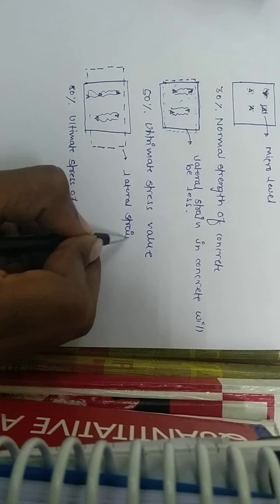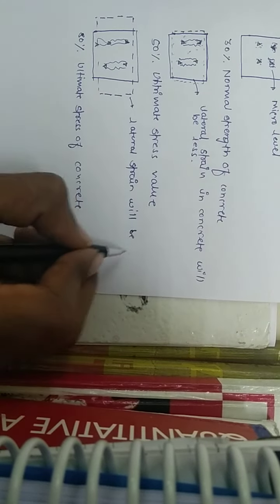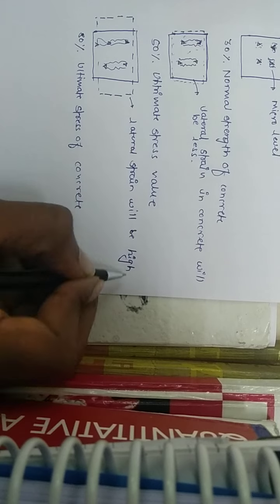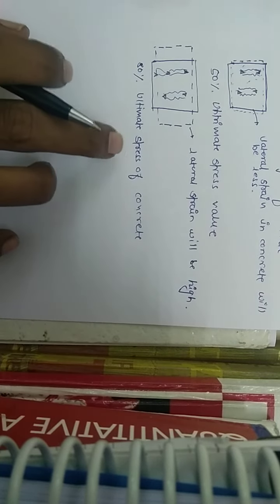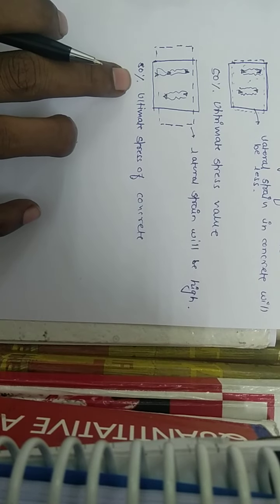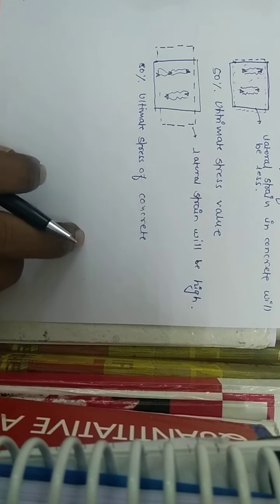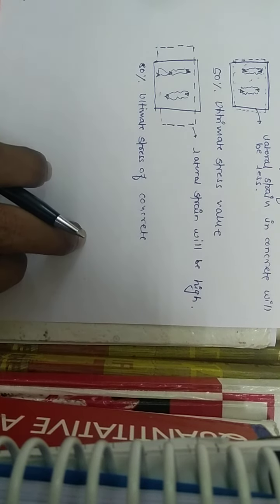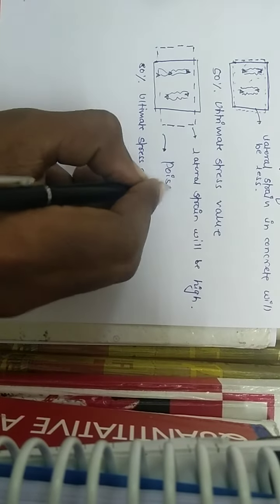And this is the critical condition for the concrete. When the external force is 80% of the ultimate stress of the concrete, then only you will get the higher lateral strain in this section, and this is nothing but the Poisson's effect of the concrete.